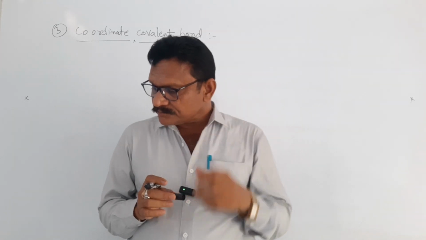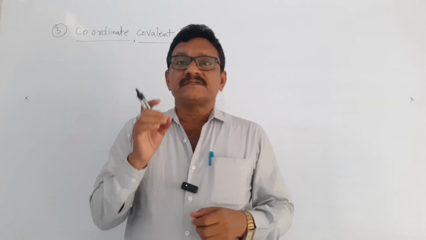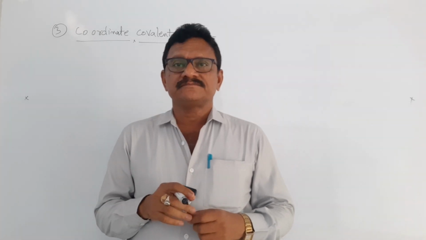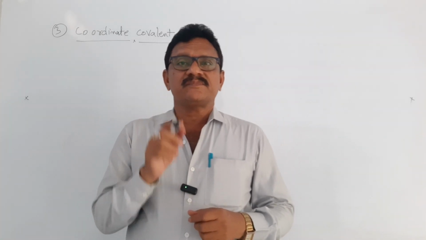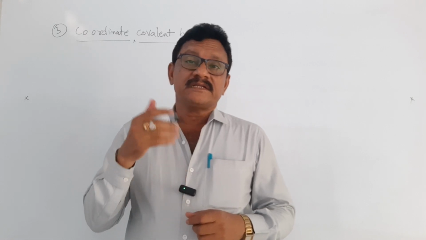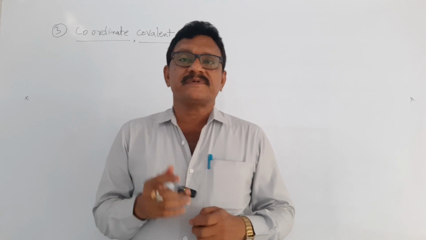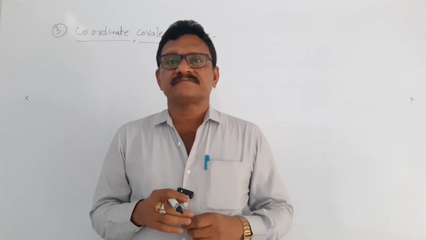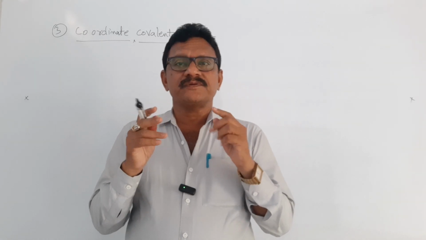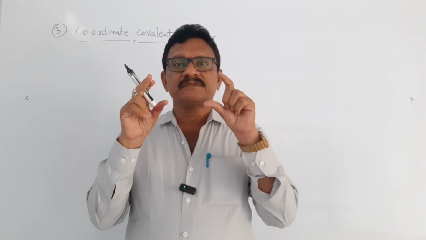See, actually, coordinate covalent bond is a special type of covalent bond. It was discovered by scientist Parkins. Later, it was developed by scientist Sidgwick. Actually, this bond is formed in between two molecules.